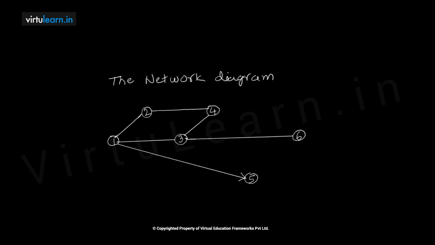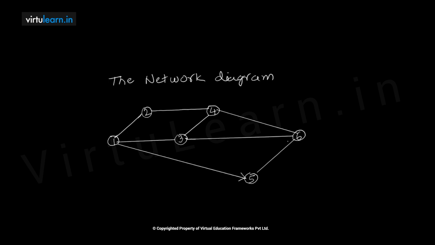And we have 4 to 6. That means we will be connecting node 4 to node 6. Similarly, we have an activity 5 to 6, which means node 5 and 6 have to be connected.